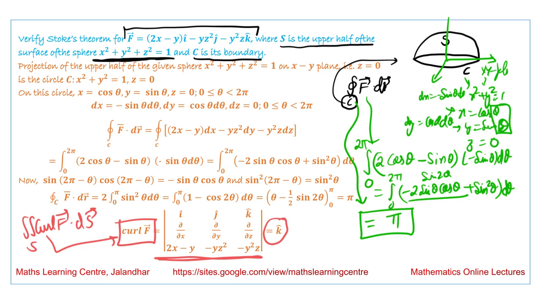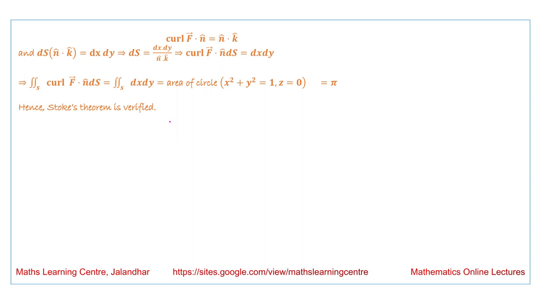Now if we substitute this value in this integral, we get the double integral over S of curl of f vector dot dS vector. The curl of f vector we have obtained is k cap, dot n cap into dS. Now we are talking about the value of curl of f vector dot n cap, that is equal to n cap dot k cap.